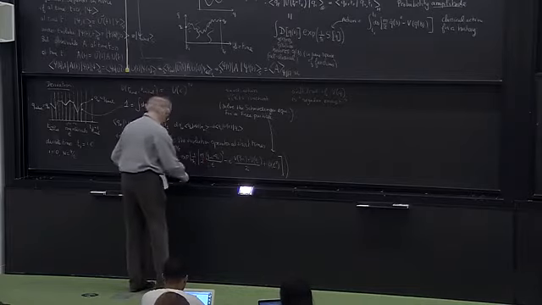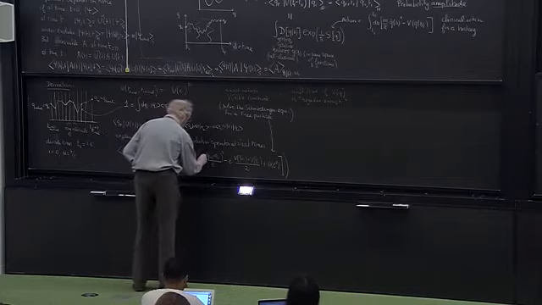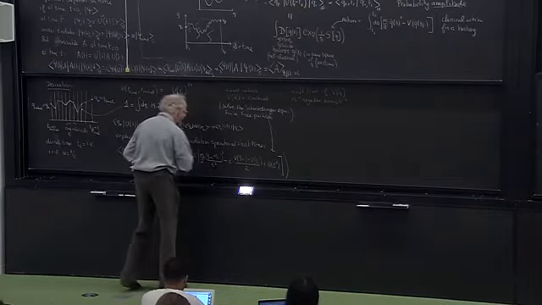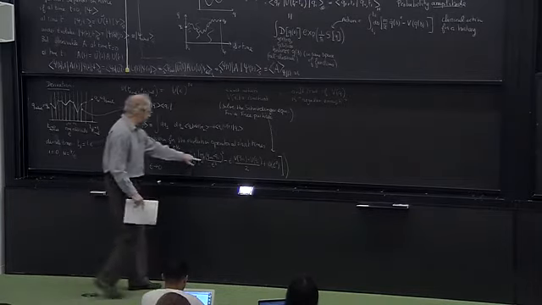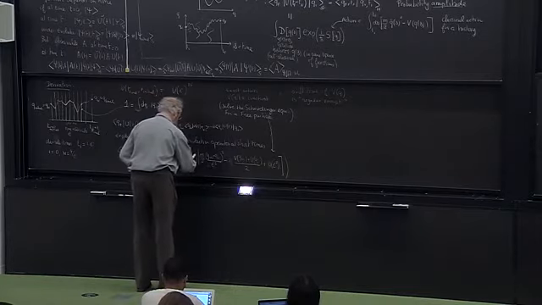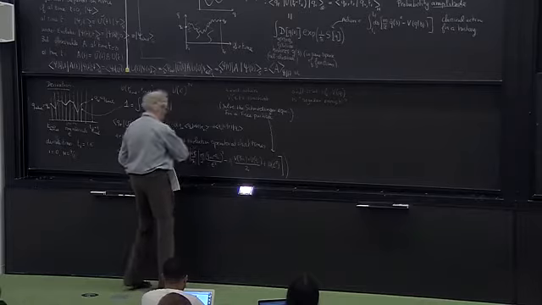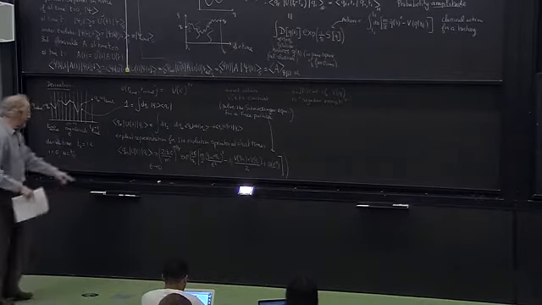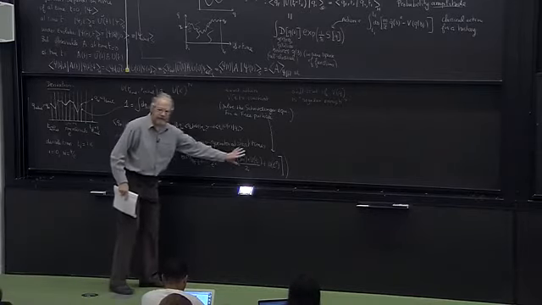So I can rewrite this as m epsilon times epsilon squared. And here I have an epsilon. So the epsilon, if you prefer, gets in front of everything.